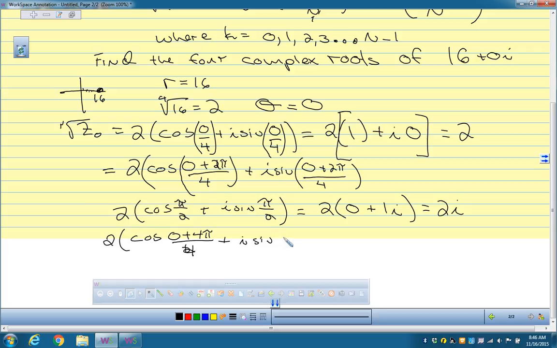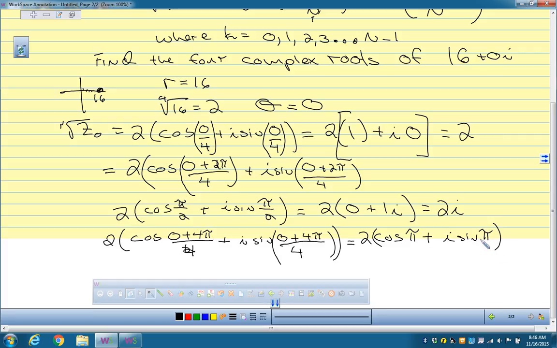Plus i sine of 0 plus 4 pi divided by 4, right? Which gives you what? Cosine of 4 pi is the same as cosine of 4 pi divided by pi... which gives you cosine of pi, and so you get 2 times the cosine of pi plus i sine of pi.